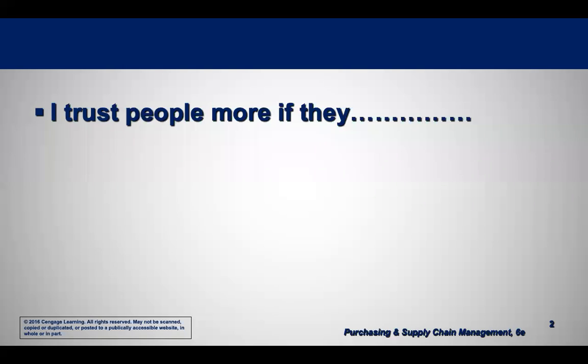Daisy. I trust people more if they are my family. Okay, and why? I think people in the same family are more trustful than strangers.